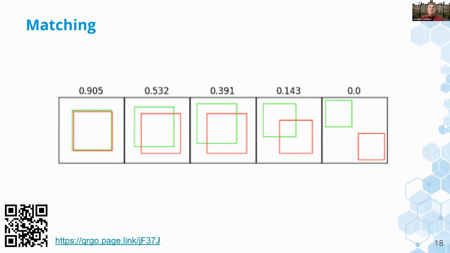In the research community, there is an agreement that if two bounding boxes have an overlap greater than 0.5, we consider them to be basically the same bounding box with some moderate error, and we consider these two bounding boxes as matched.